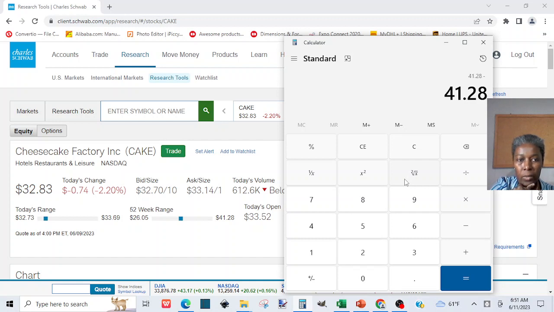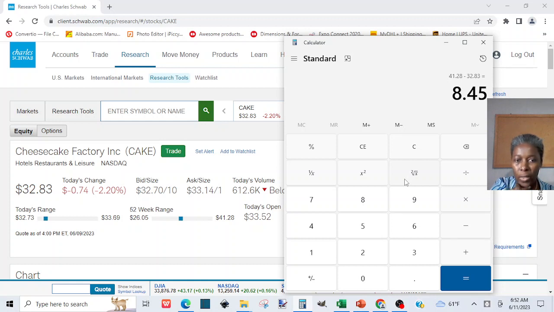41.28 minus 32.33. No, I didn't do it well. Okay, so 41.28 minus 32.83. Oh, come on. Okay, let's do it again. 41.28 minus 32.83 is $8.45.